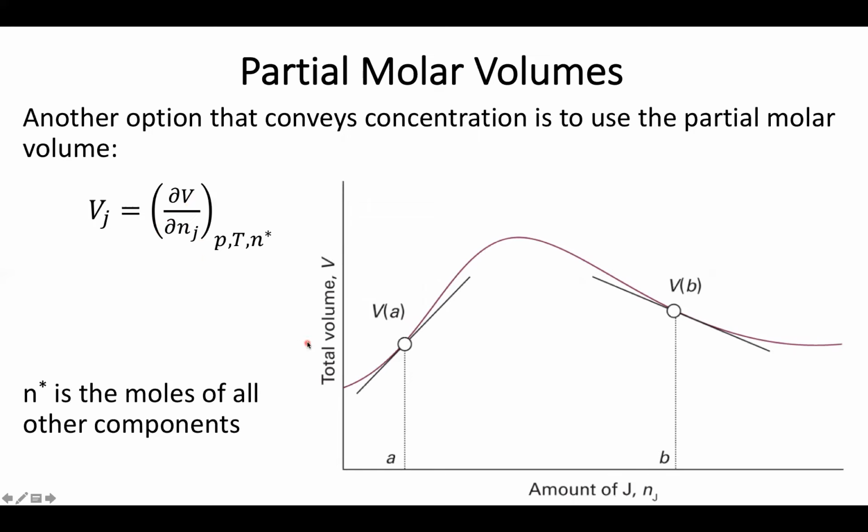So as I say, I'm adding species J to a general total solution. As I start adding J, I should start to see some increase in the volume of the system.